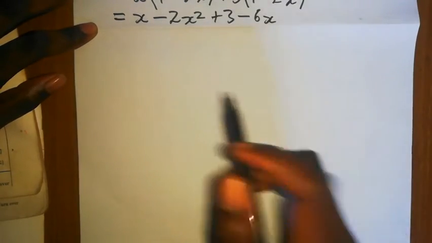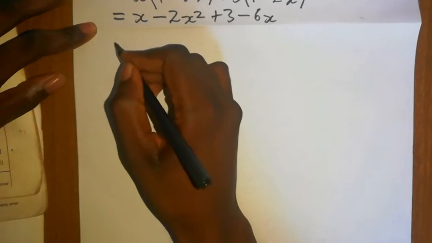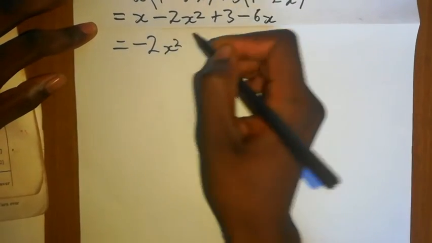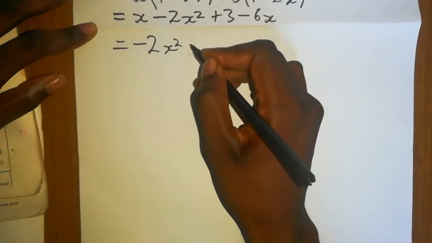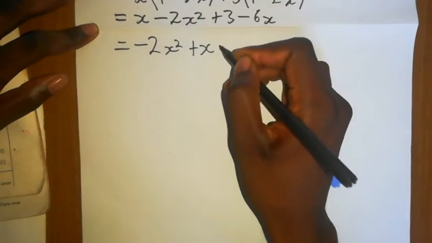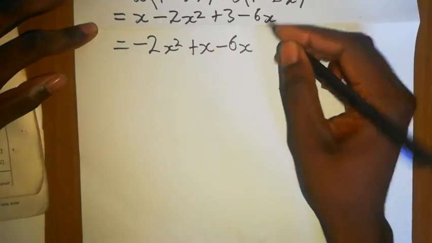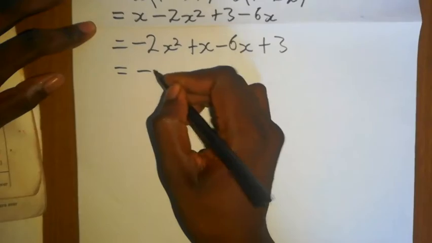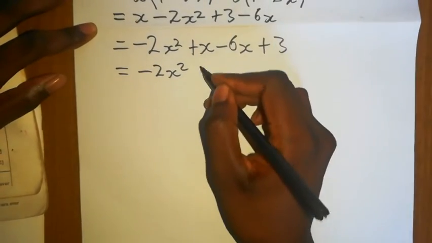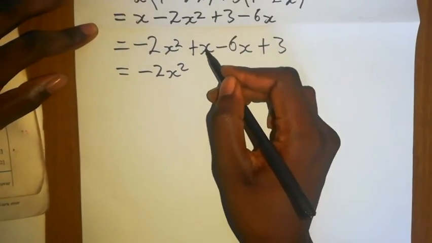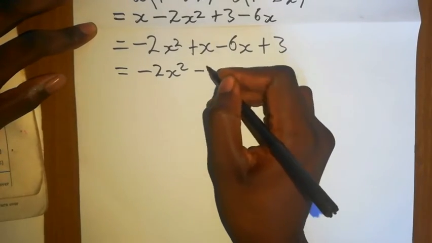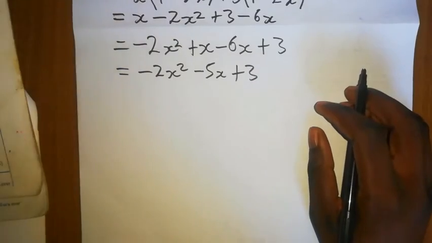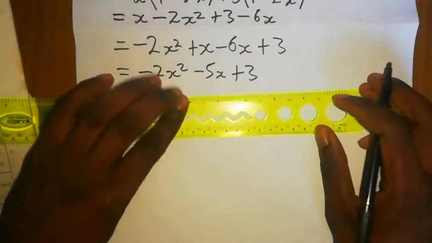We only have two concepts. So it's equal to, I'm going to start with my negative 2x squared, then plus x minus 6x plus 3, is equal to negative 2x squared. Then here, x minus 6, I'm going to obtain negative 5x plus 3. That is your answer there. Then we underline.